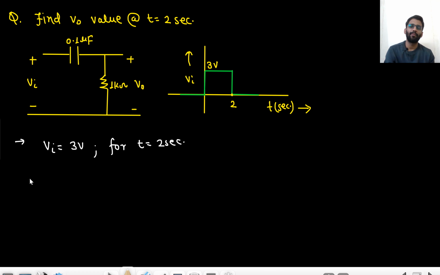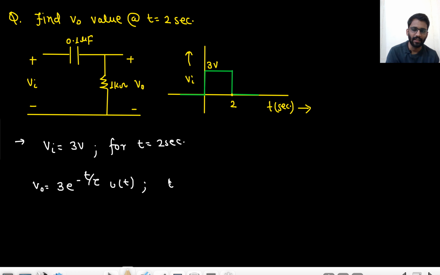Now what will be the equation of V naught? Initially V naught is 3 volt and eventually it will go down to 0, so 3 e to the power minus t upon tau. This will be the equation of V naught, right? And what is the time constant here?